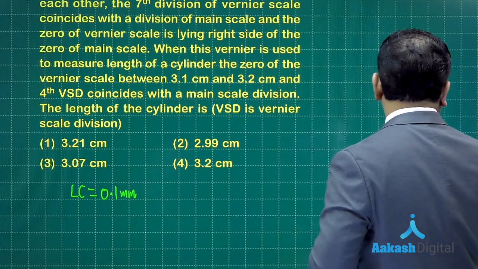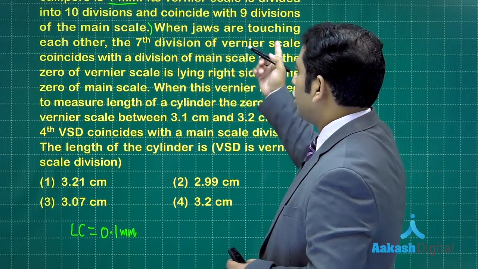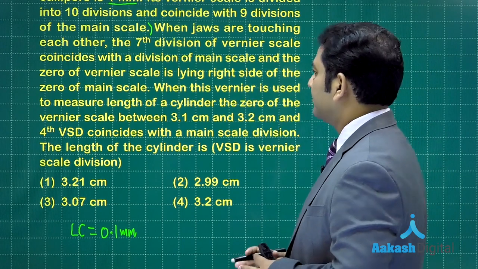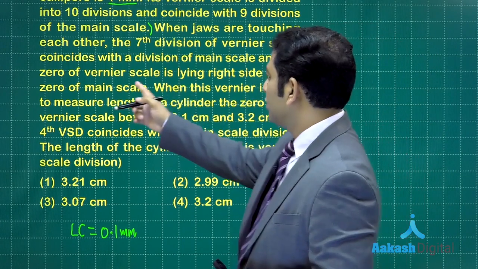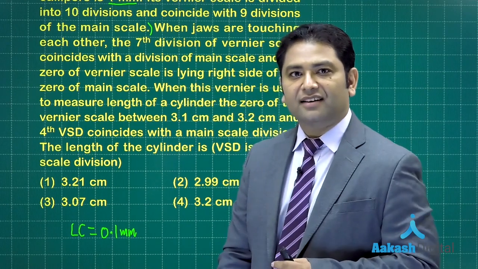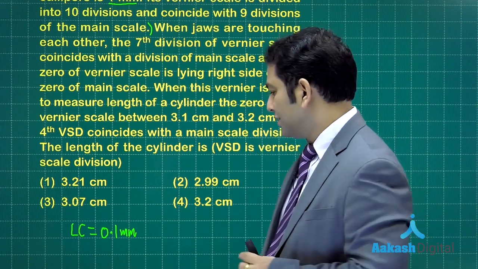All right, now let's see what is the second segment. It says when the jaws are touching, the 7th division of vernier coincides with a division of main and 0 of vernier is lying right side of the 0 of main. So clearly it's a case of positive 0 error.